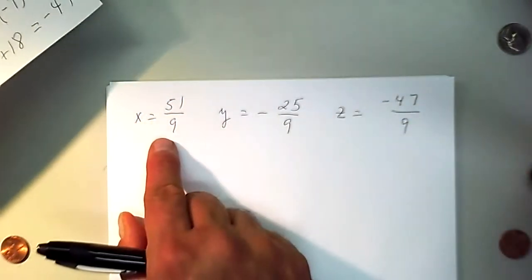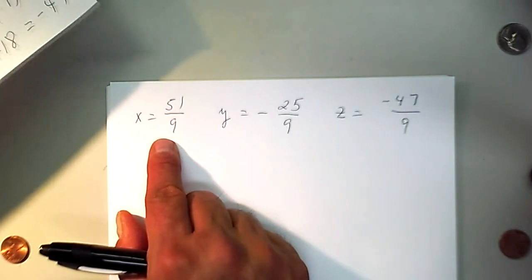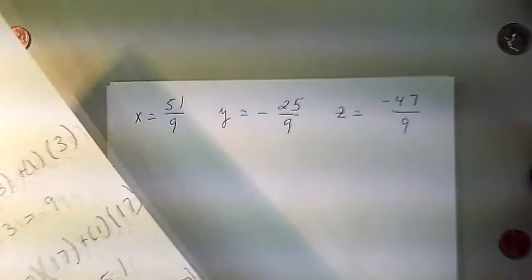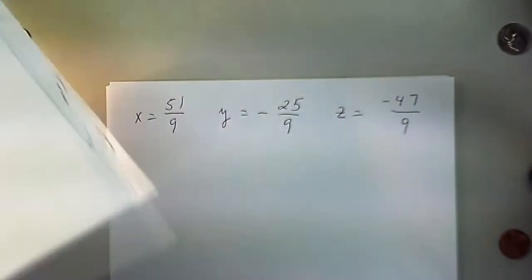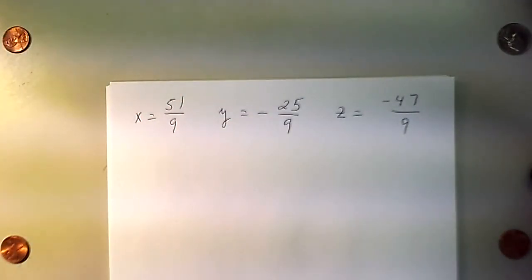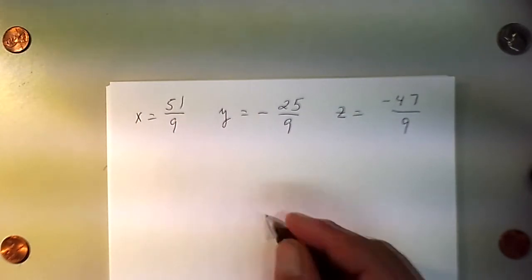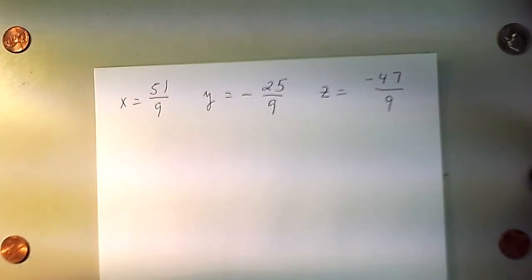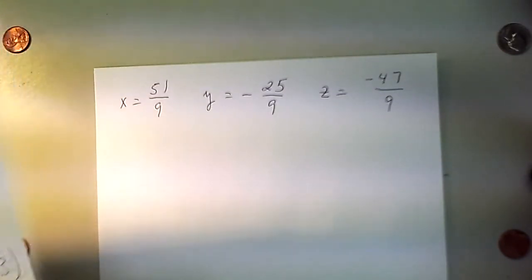The reason why I don't want to simplify that yet is because I want to double check my solution, especially if you're doing this for an assessment, for a quiz or a test. You don't want to turn in your work without checking, because you could easily lose points that you don't have to.